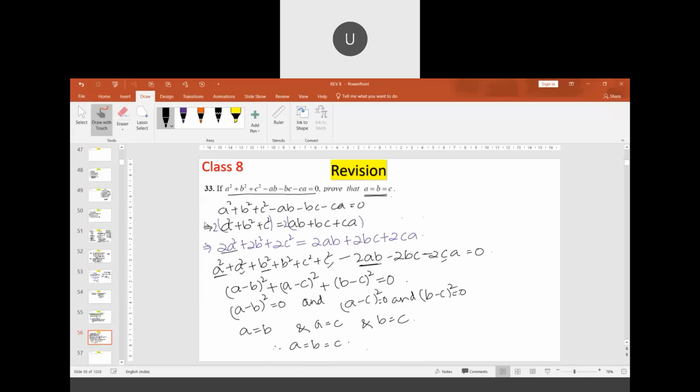Once again, what did I do is I have taken the given. I have transposed the negative terms to the right hand side and multiplied by 2 on both sides.